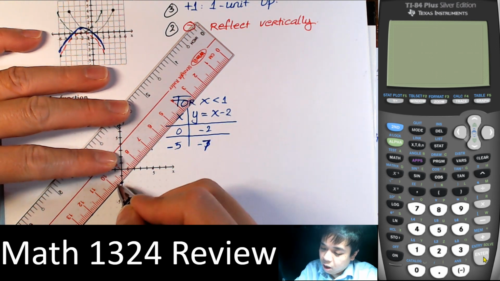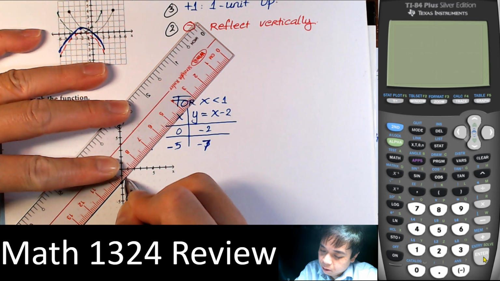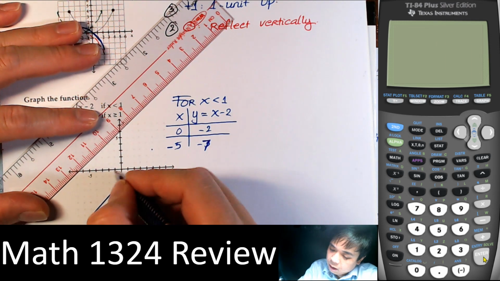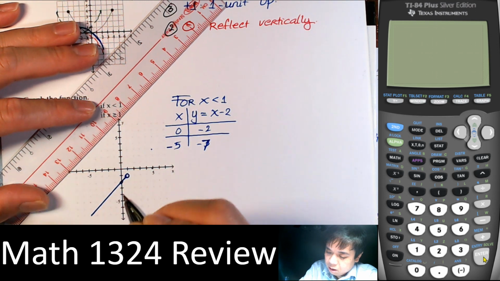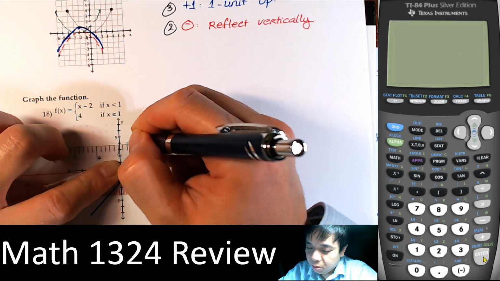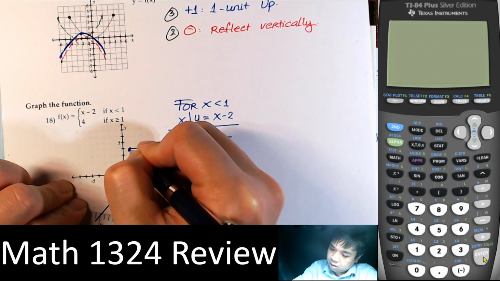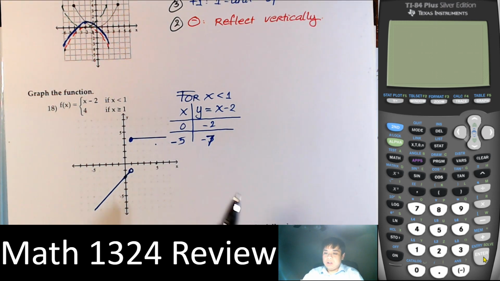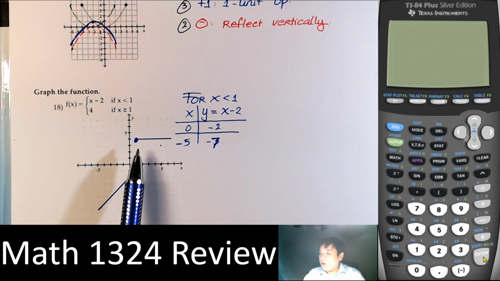And this goes up to 1, but not including. And after that, it is equal to 4 when x is greater than or equal to 1. So that's including. So the graph will have 2 parts, including this point, but not including this point.